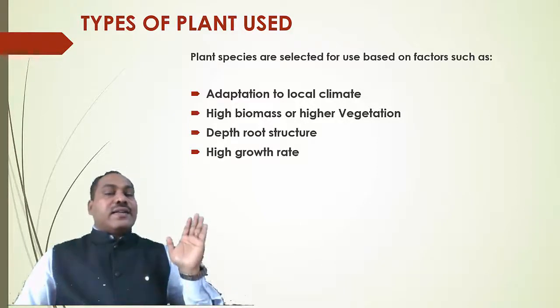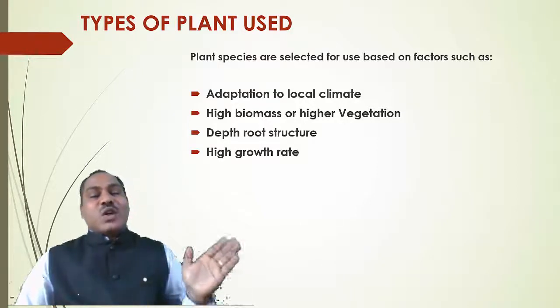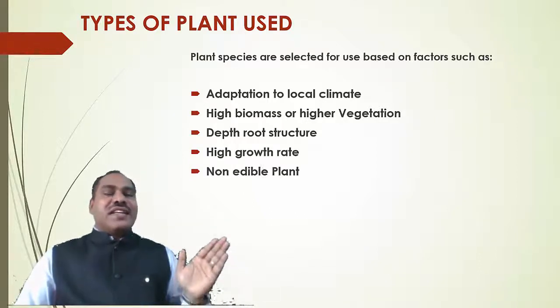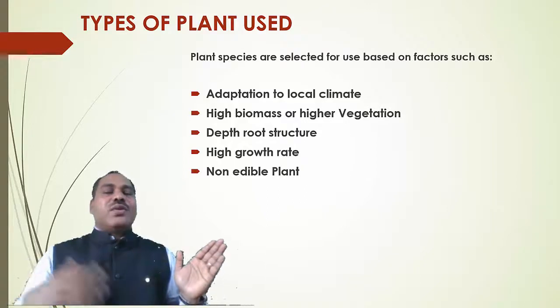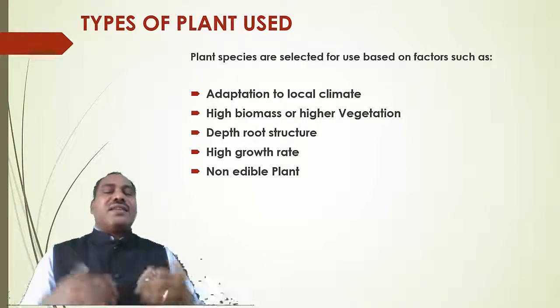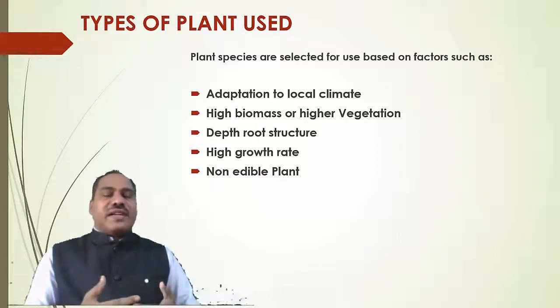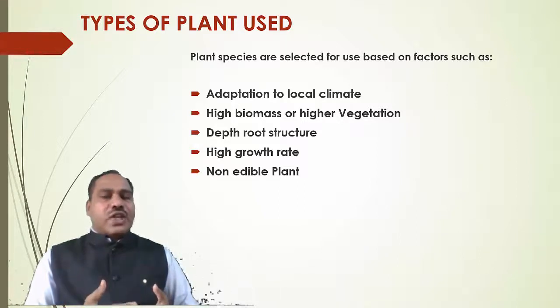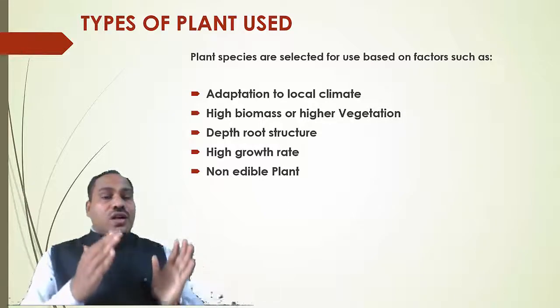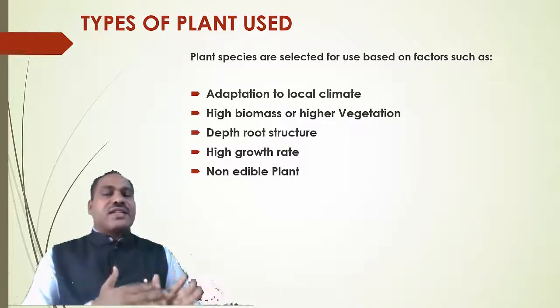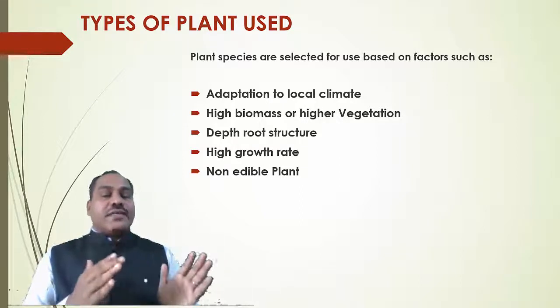And the most important one is non-edible. The plant should be non-edible, because if it is edible, then it will enter the food chain, and if it enters the food chain or human beings, then ultimately it causes biomagnification. So all plants used in the phytoremediation process should be non-edible.